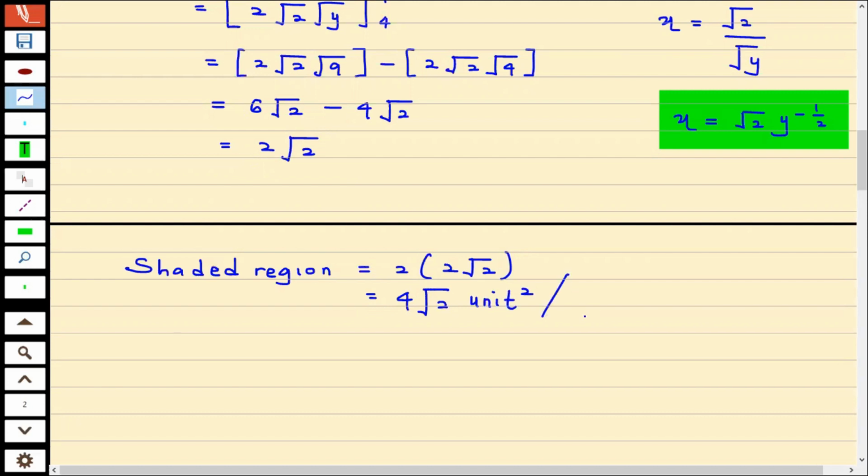So what is it in decimals? 4 square root of 2 is 5.657. Okay, got it. Understand? So this is your answer, class.